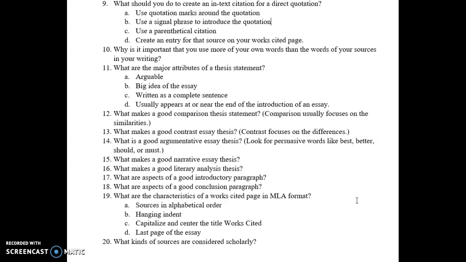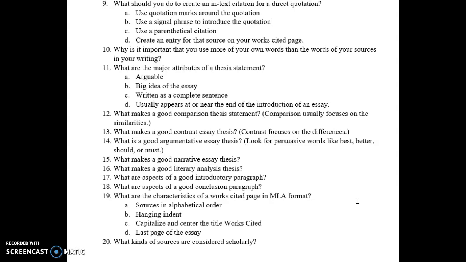You should also know what kinds of sources are considered scholarly. Scholarly sources are often found through Alabama Virtual Library. You will want to use sources that are relevant and commensurate with your time of study.